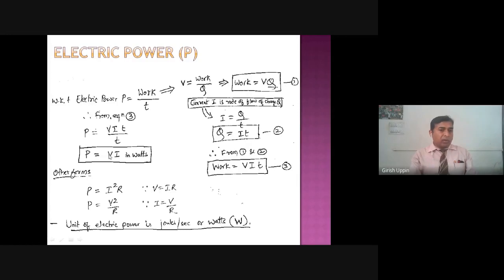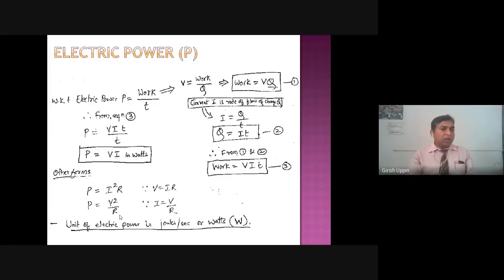What is V using Ohm's law? V is equal to IR. So if I put IR in, I will get I square R. P is equal to I square R. And if you replace the current with the Ohm's law equation, what you get is P is equal to V square divided by R. These are the three different forms.